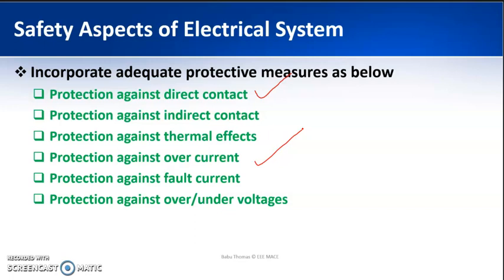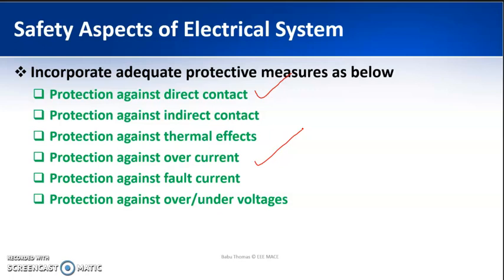So automatic disconnection of the system has to be there, and you also have to limit the maximum value of overcurrent to a safe value, and therefore the property and the person operating it are again protected against such dangers.